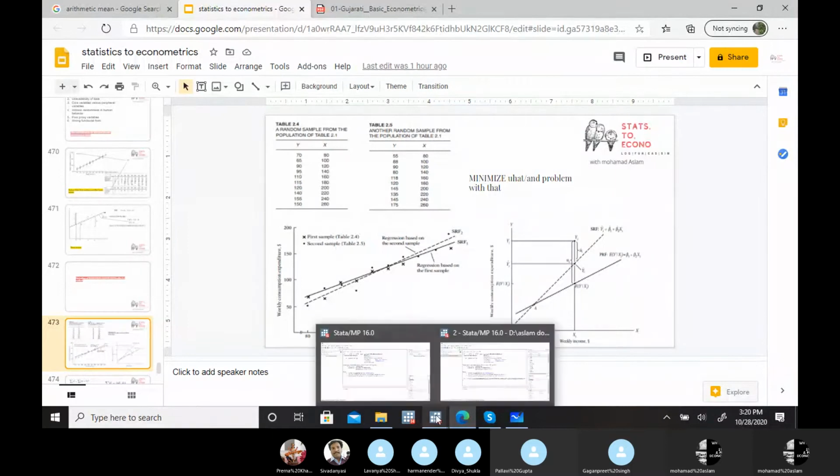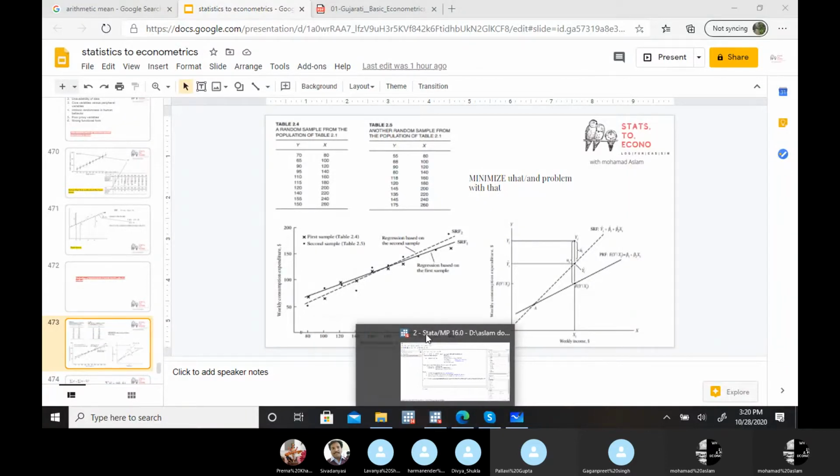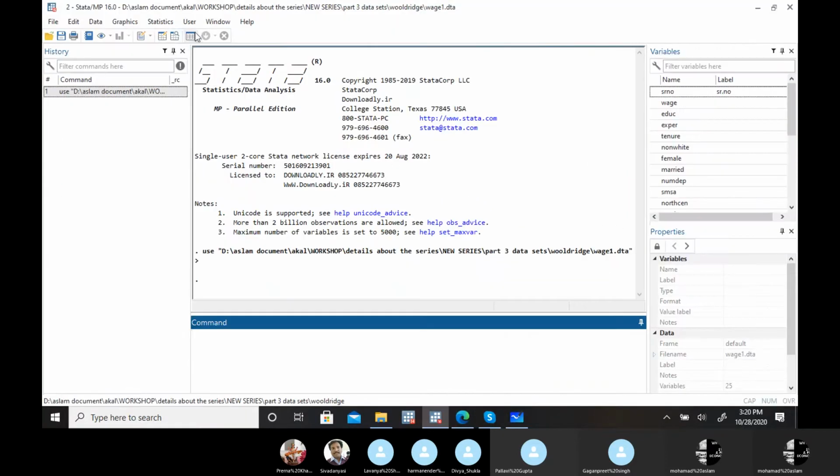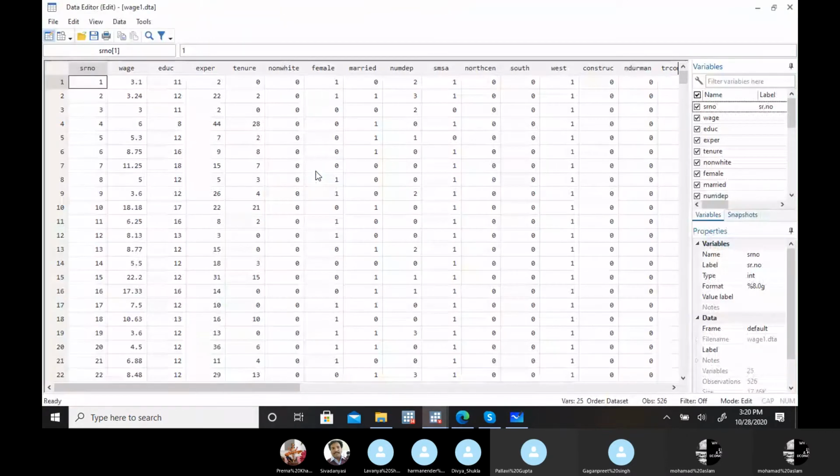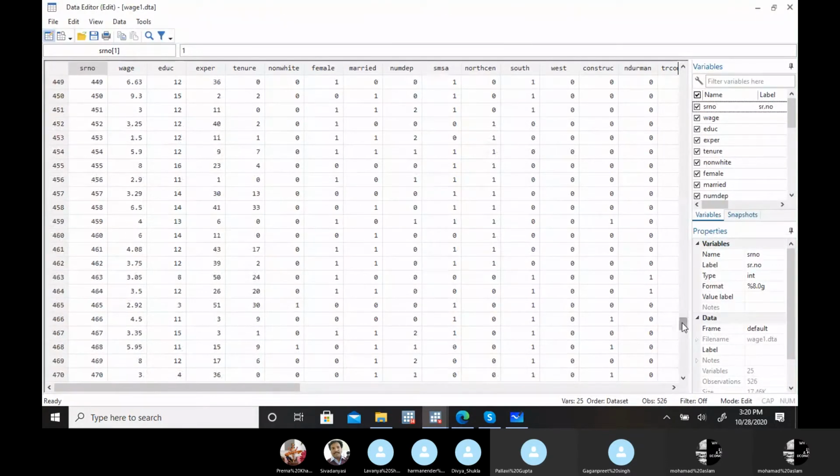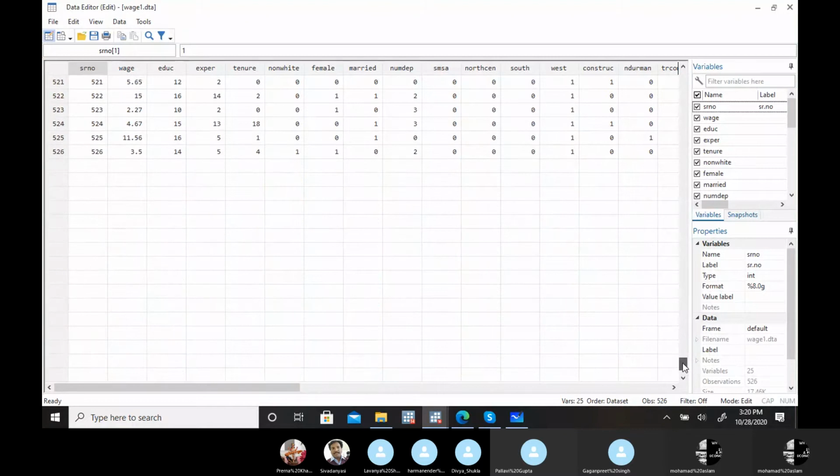Let me give you this example. Let's suppose we have this data set. How many observations are here? 526.